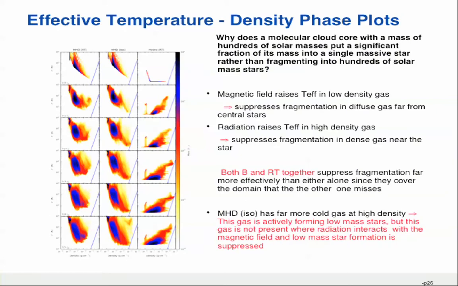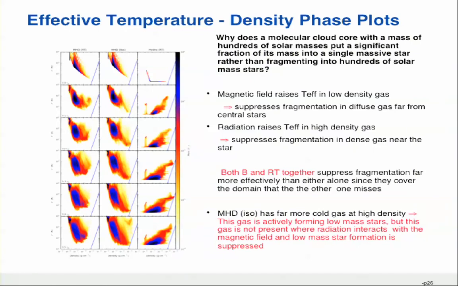Okay, now how do we understand this? How is it that a molecular cloud core that has a mass of hundreds of solar masses puts most of its mass into a single massive star rather than fragmenting into hundreds of solar masses? And to get at how this happens, you have to look at the thermodynamics of the situation. So here I'm looking at thermodynamic phase plots in density and temperature, and the colors represent the mass in a density temperature bin.